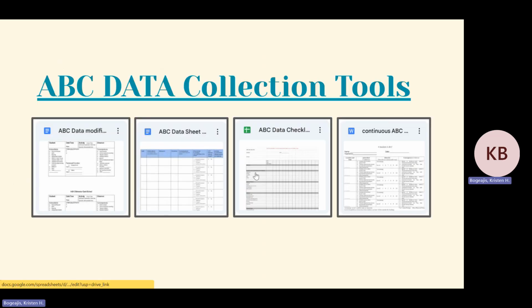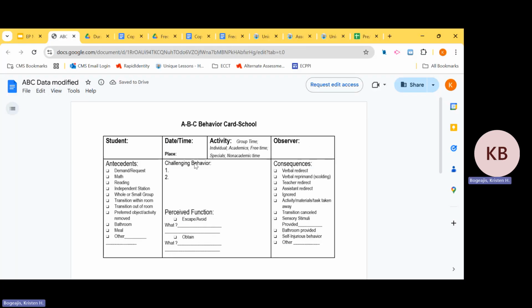Here are some examples of different data collection tools for monitoring ABC data. Let's look at some of these. This is a pretty typical tool. The great thing about these tools is they're pretty easy to use for anyone in the classroom. You have the student name, an example of some antecedents that might be happening right before the behavior, then the challenging behavior listed here.